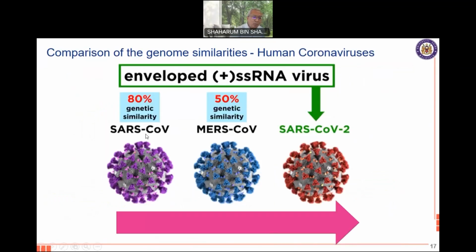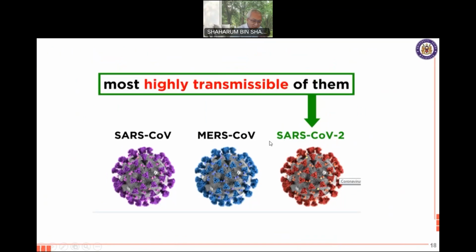Comparing in terms of genome similarity, SARS-CoV-2 has 80% similarity with SARS-CoV and 50% similarity with MERS-CoV. But SARS-CoV-2 is the most transmissible variant compared to SARS-CoV and MERS-CoV.